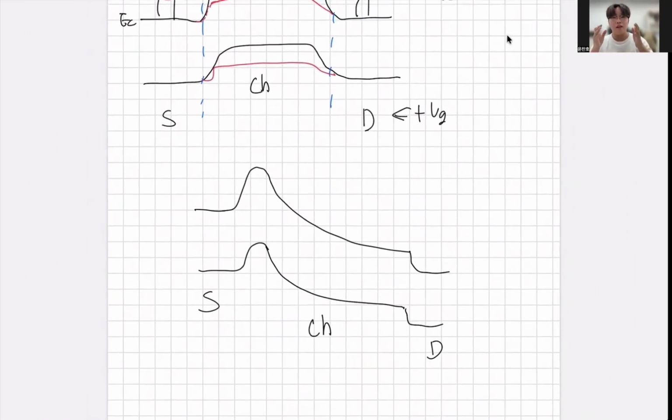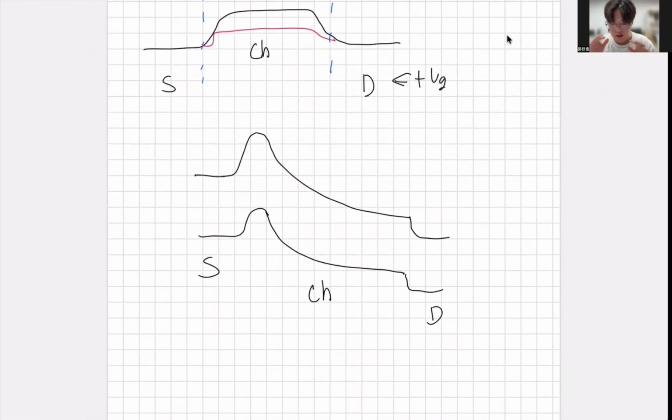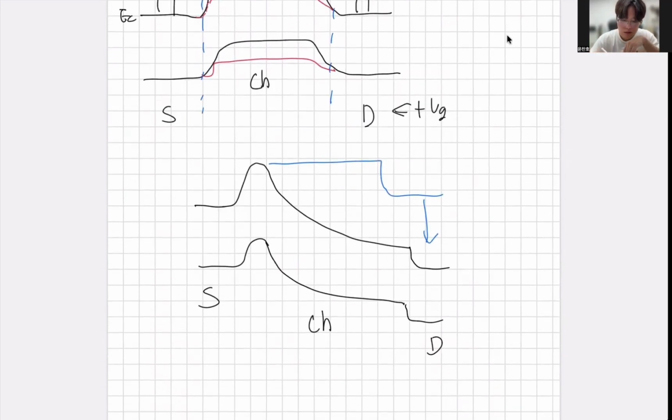I already mentioned I applied the plus voltage in the drain, so the drain part will be lower. So the electron can move to here. So if the VDS exists, the current can flow.